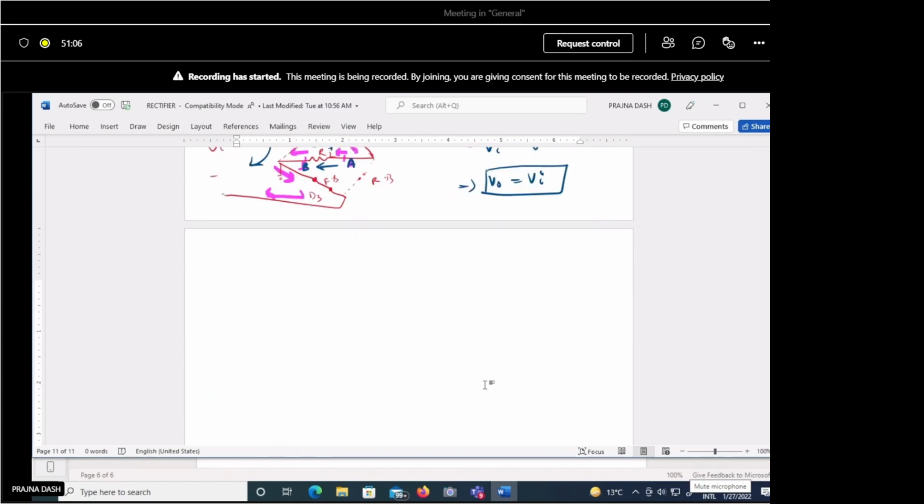For the positive half cycle, from 0 to pi, we are getting the output voltage the same. This is Vi, this is V naught. So this is the same shape we are getting for the positive half cycle.